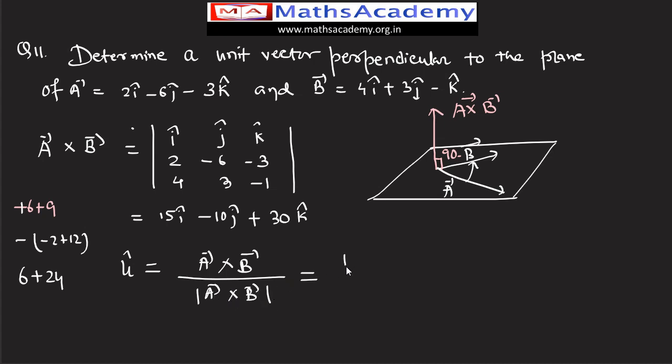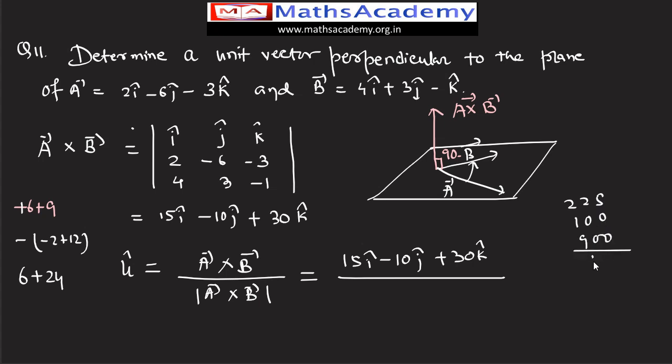So what we have, 15i minus 10j plus 30k, and its magnitude will be 15 square 225, then 10 square 100, then 30 square 900, 1225, so it will be 35 only. Now if you take 5 common, it will be 3i plus 2j plus 6k divided by 7. So this will be the unit vector.